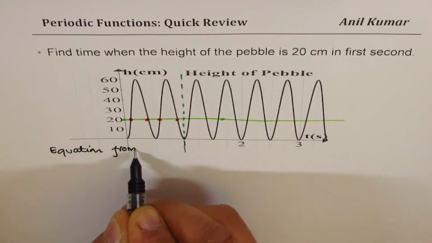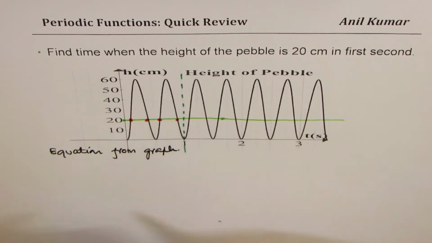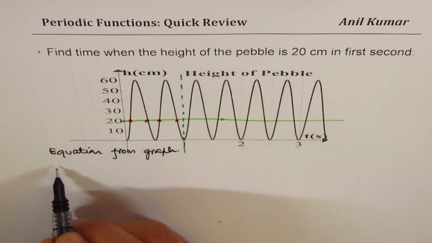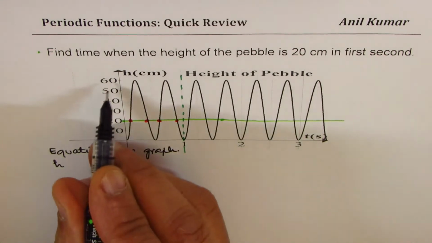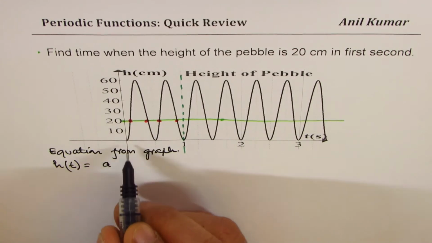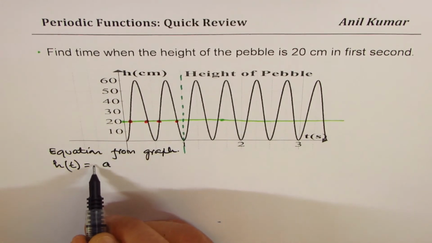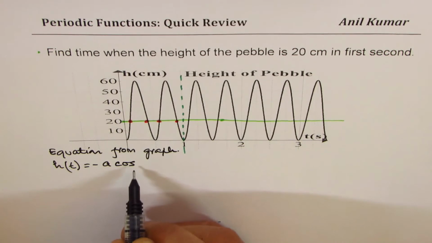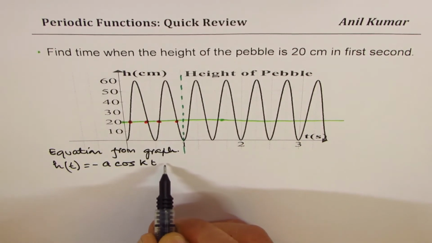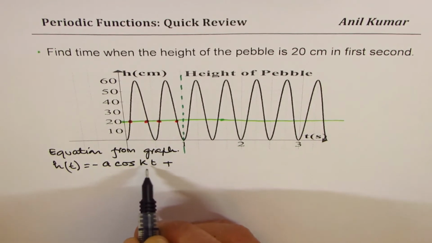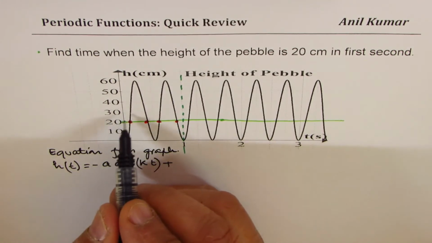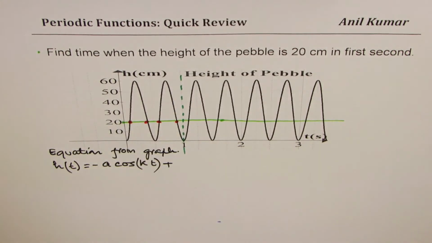We look at a few parameters to write down the equation, and it will be written as h as a function of time, equal to a, and since it starts from the bottom, we'll say minus cos of kt, and plus, we don't know yet, how much up the axis is. Let me draw the axis.